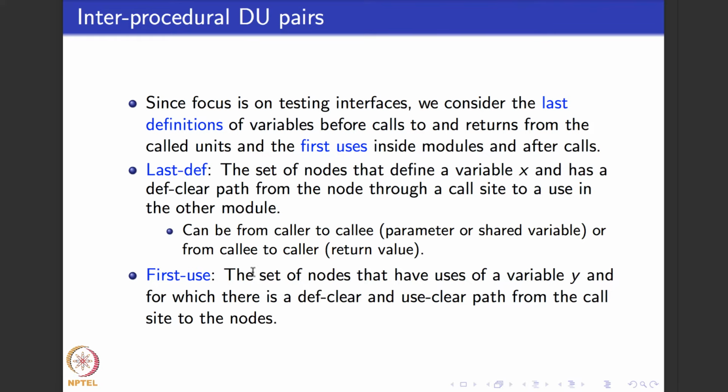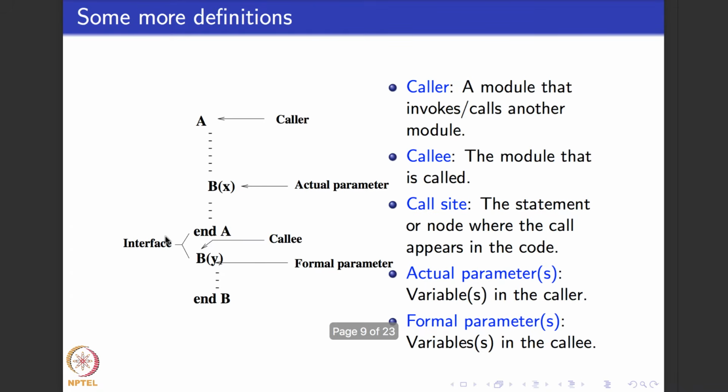Some more definitions before we move on and look at an example. Remember, what is the focus? The focus is to be able to understand and test how data is passed across interfaces, right? So the focus is on interfaces. If I consider data flow testing for A and data flow testing for B, there could be a whole set of variables that reside in A and a whole set of other variables that reside in B, which I will test when I do normal data flow testing for source code.